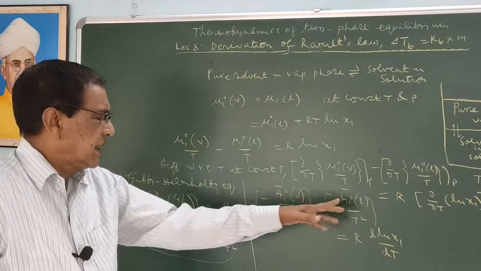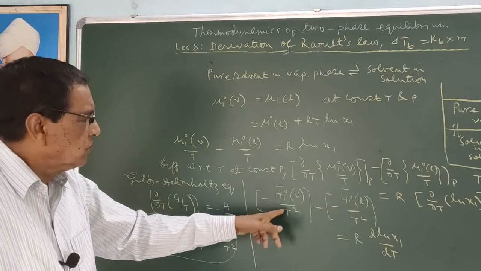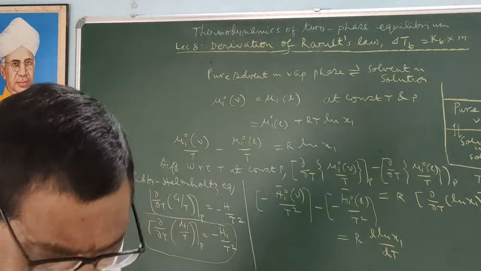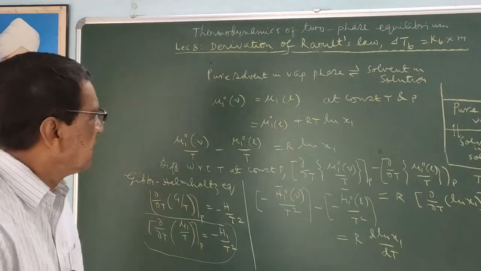So these are applied for the pure state for 1 mole of this solvent. This is for the vapor phase and this is for the liquid phase.